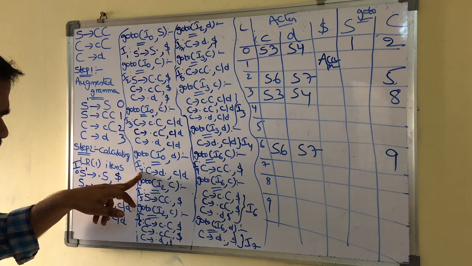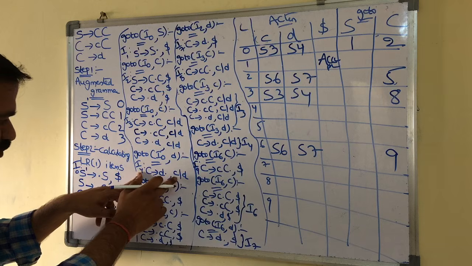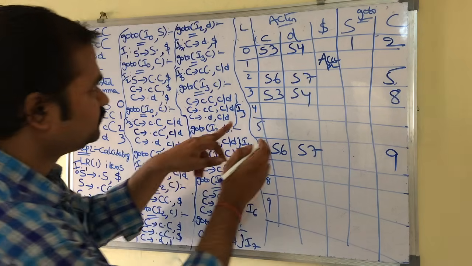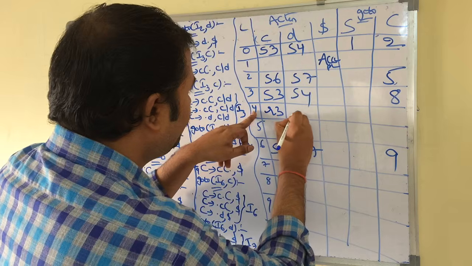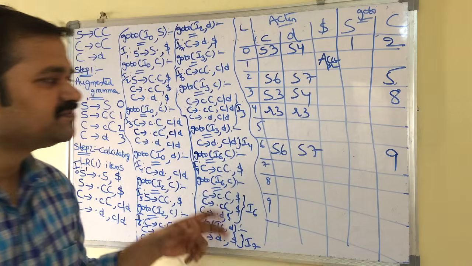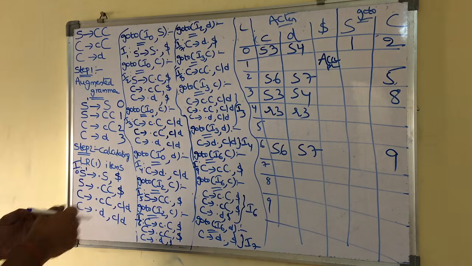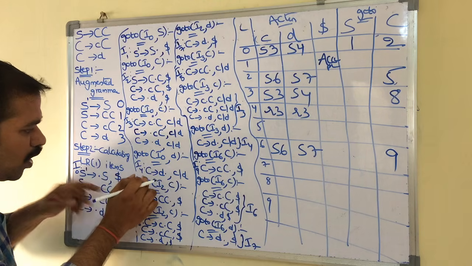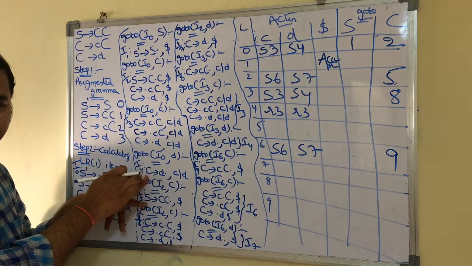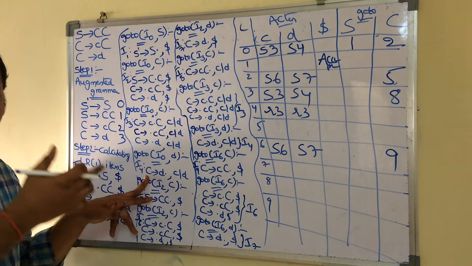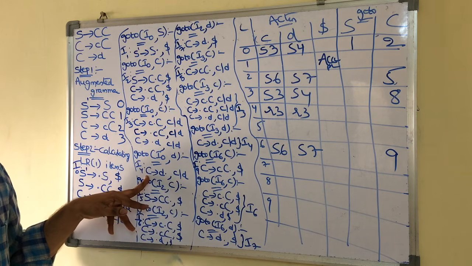We have to add R3 at 4c and 4d. This is the difference between SLR and CLR. In SLR, we need to calculate the follow of this left hand side non-terminal. Follow of C produces some terminal symbols.